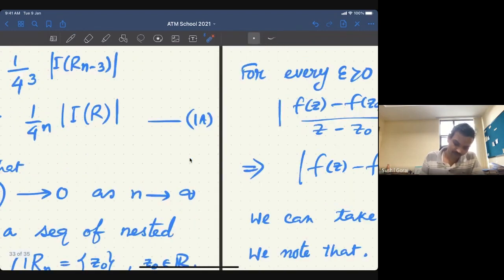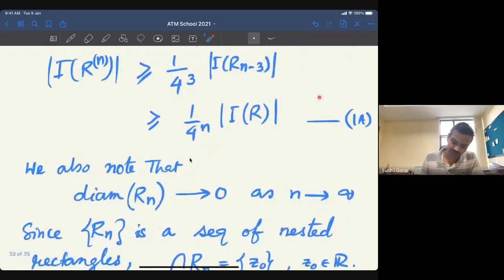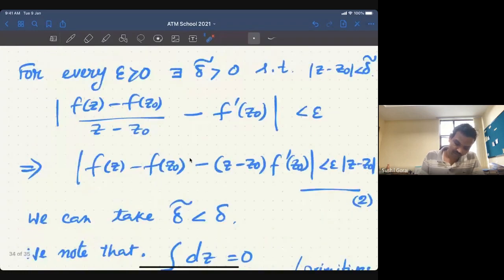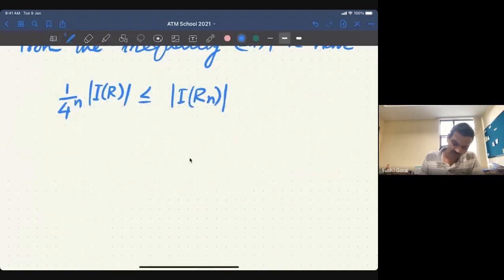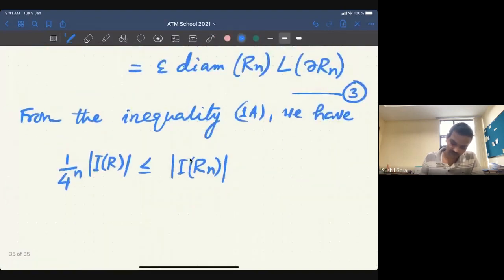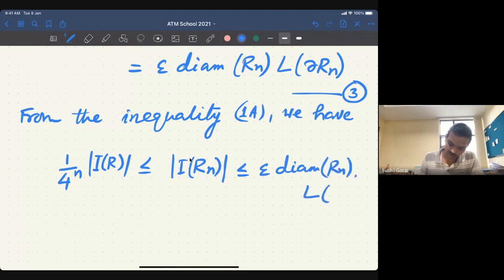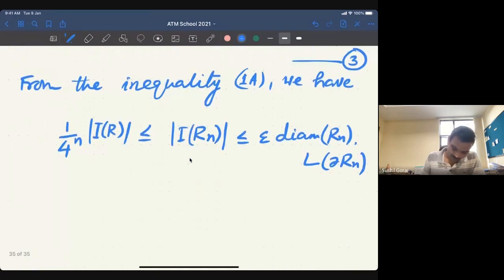So let us check. Yeah, here it is. And then we use here |IRn| is less or equal to epsilon times diameter of Rn times length of del Rn. Now this implies, so call this 4.